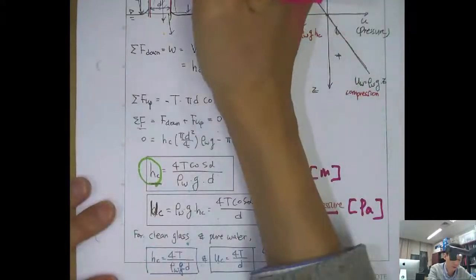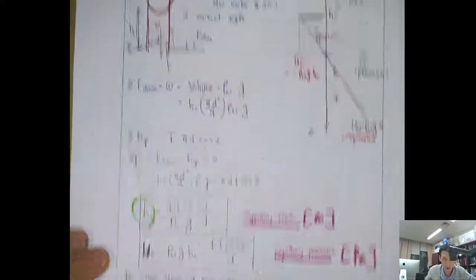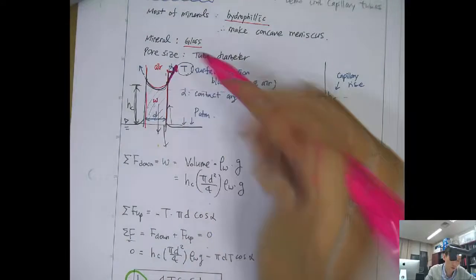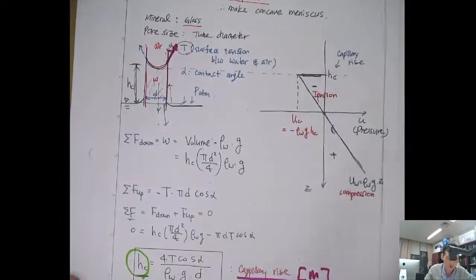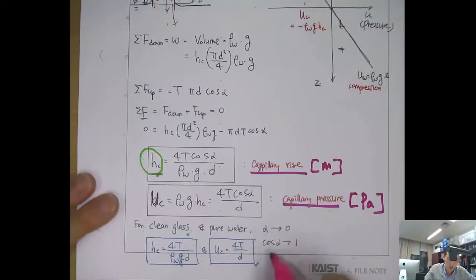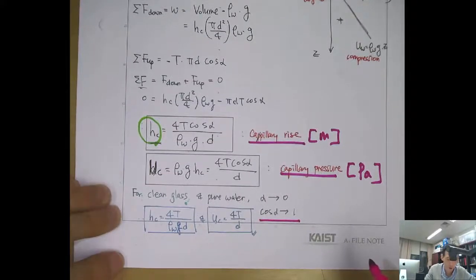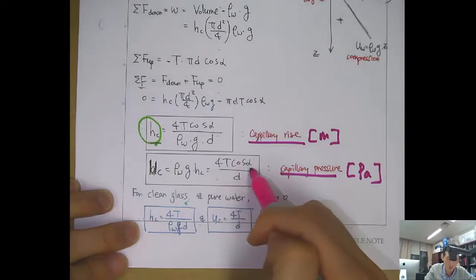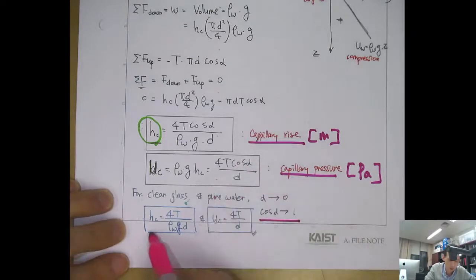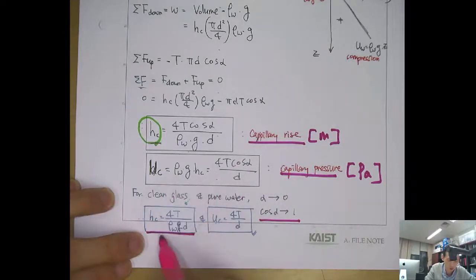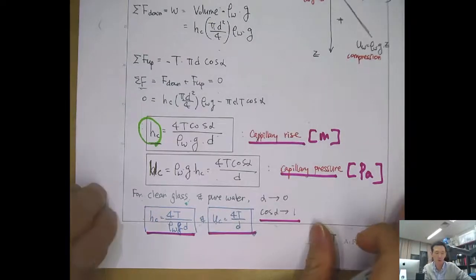So here, this angle alpha is close to 0, so almost vertical. So then cosine alpha will approach 1. So we can remove this cosine alpha term, and we can approximate this equation into these two. Right? hc equals 4T over rho w g d, and uc is, you can multiply the rho w and g.